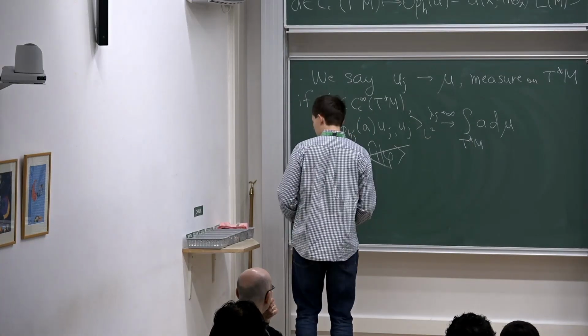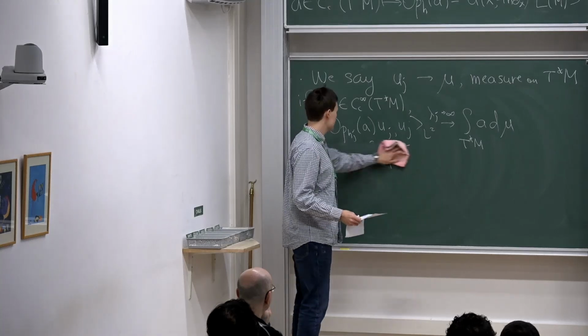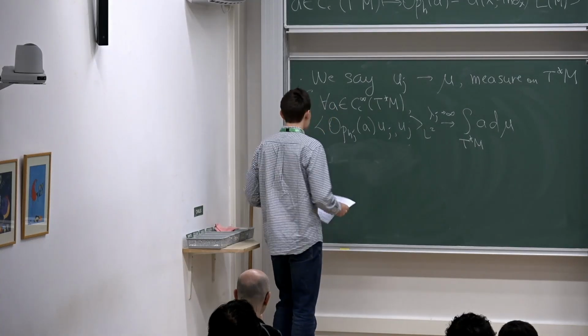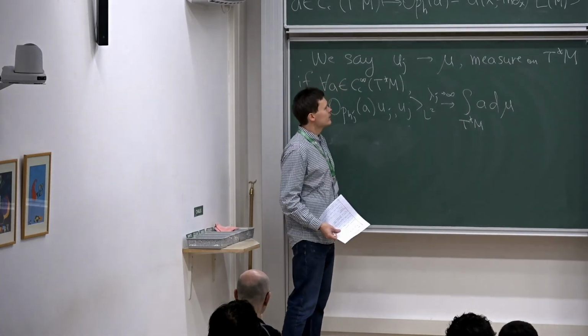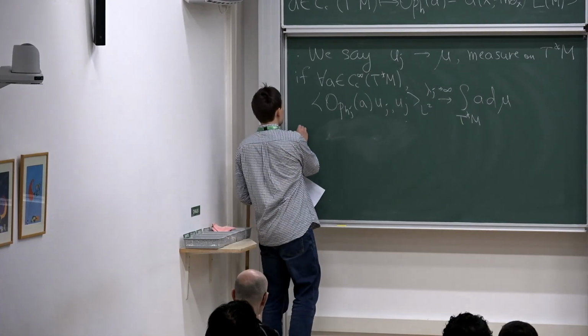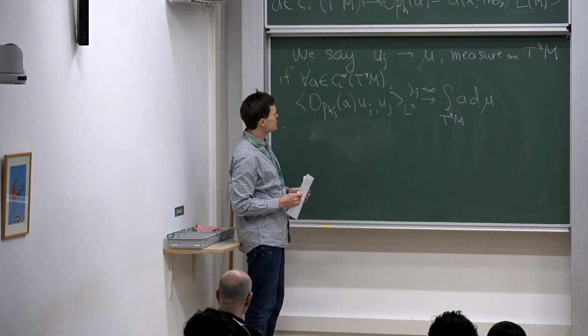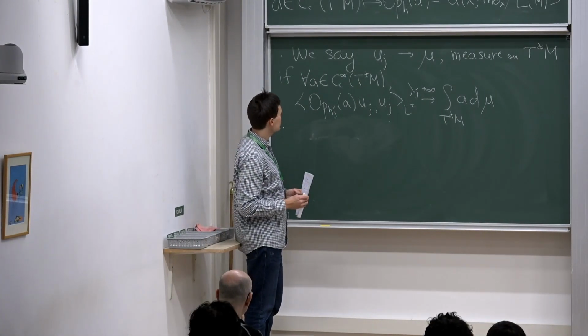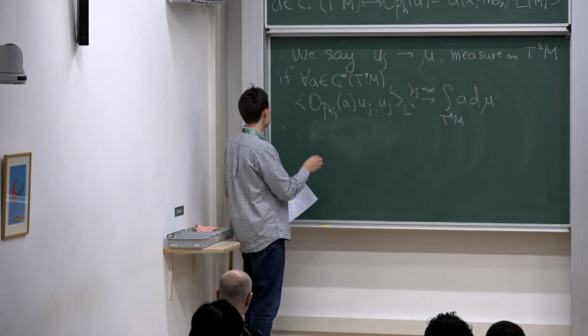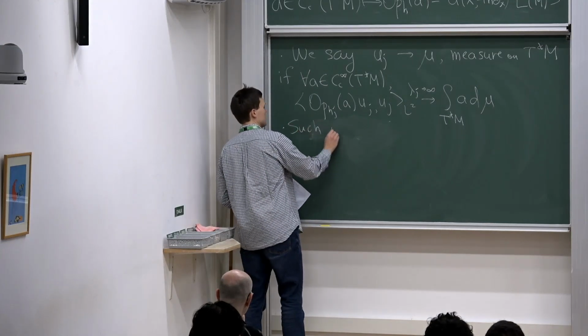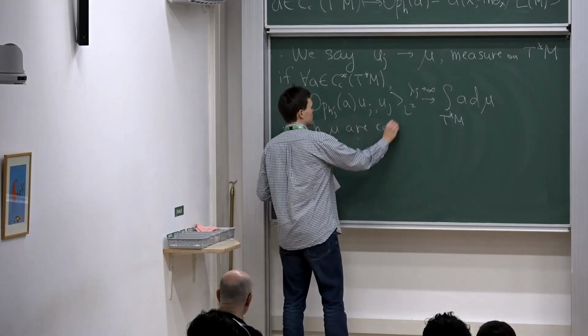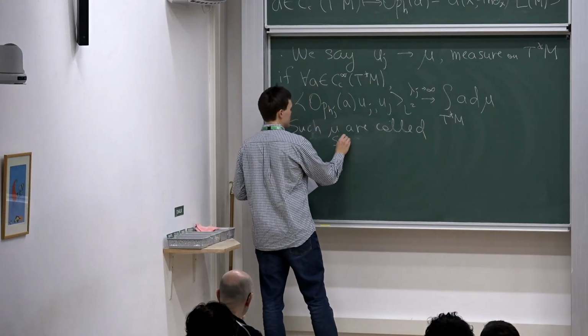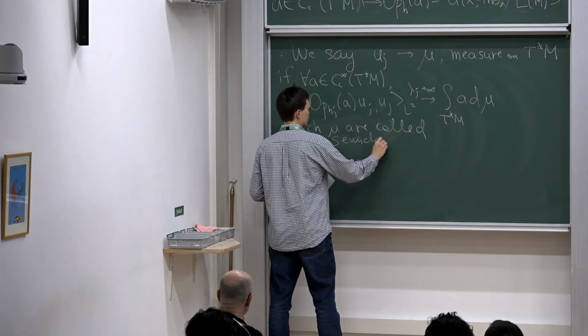Well, I guess I can use this to erase. Okay. So that's this by now classical definition in quantum chaos, and I will say such mu are called semi-classical measures. Okay.